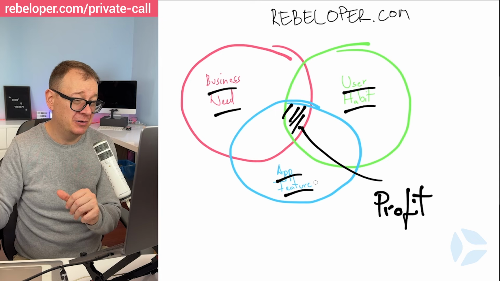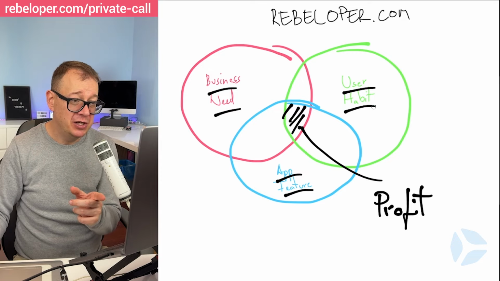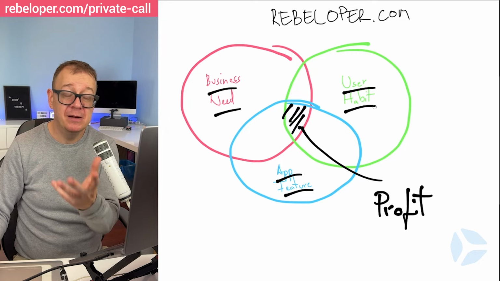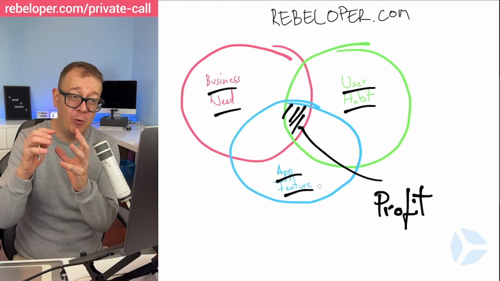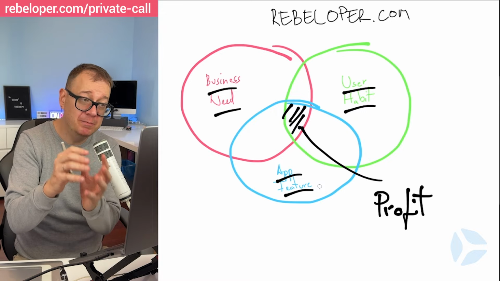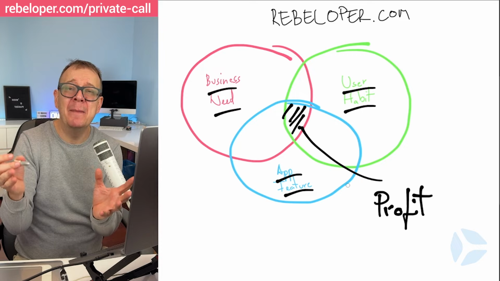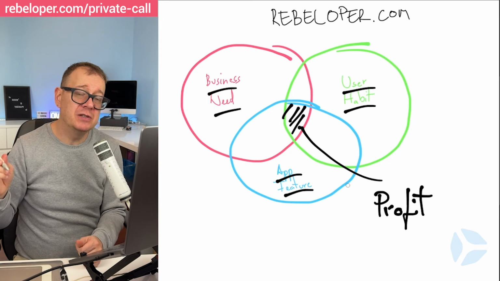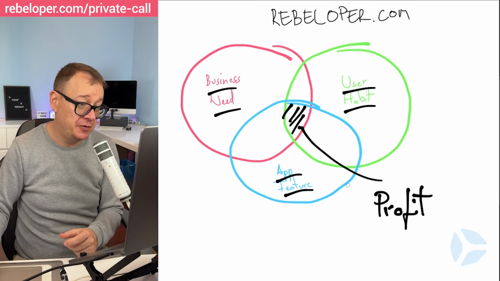So go ahead and check out the playlist in the description. So the business need is returning customers, user habit, coffee drinking in the morning, for example. And then the app feature, which makes it all stick to your business, is this kind of loyalty, the stamps feature where you just buy 4 or maybe 9, and then the next one is for free.